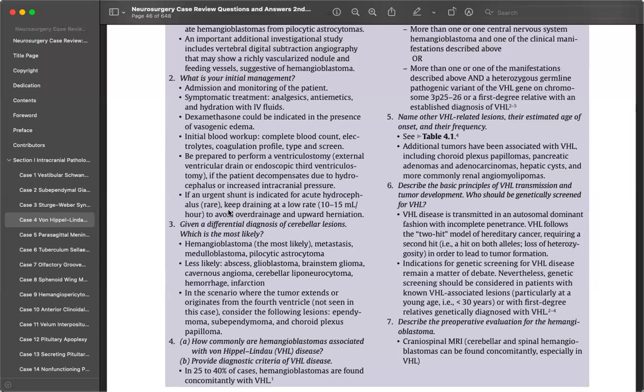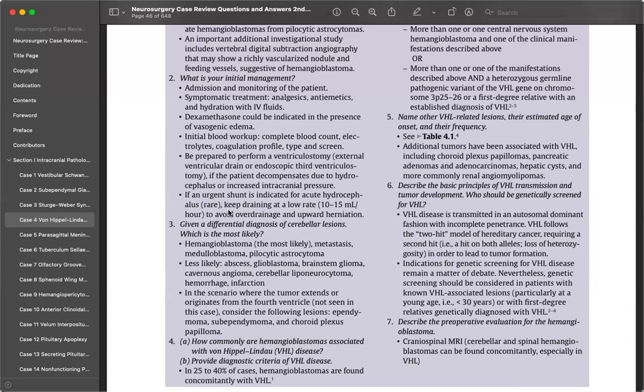So the next question: how commonly are hemangioblastomas associated with VHL? We provide diagnostic criteria for VHL disease. They said in 25 to 40% of cases, hemangioblastomas are found concomitantly with VHL.